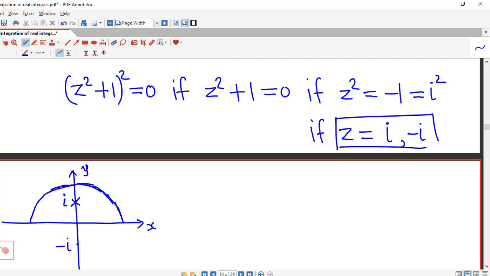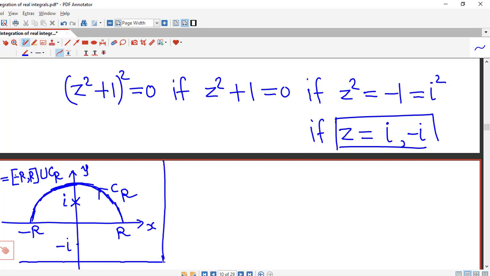So we can choose radius r large enough such that this z equal to i is enclosed in this simple closed contour, which we have written as union of line segment from minus r to r with this semicircle C_R. So this is just for understanding. We need not sketch this for doing this problem, but this is just for understanding.